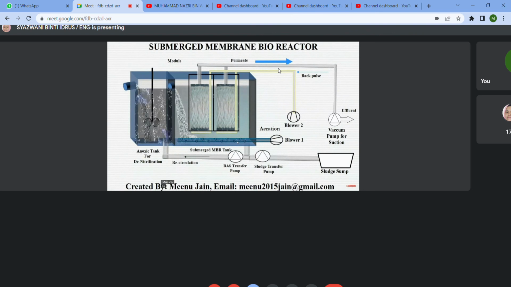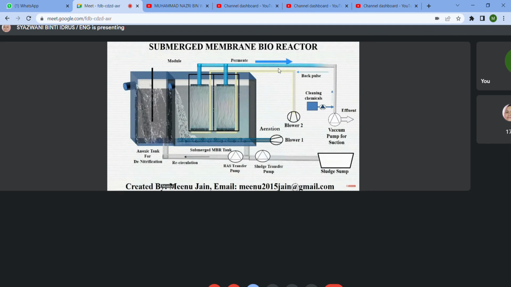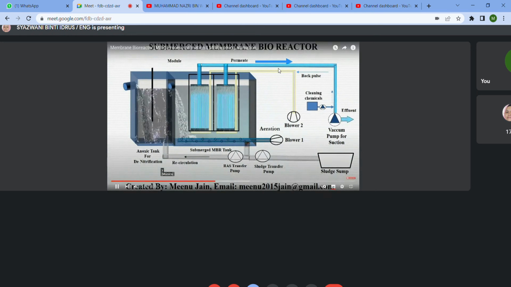These are examples of a submerged membrane bioreactor. Now you can see this is the anoxic tank for denitrification. And permeate is collected.